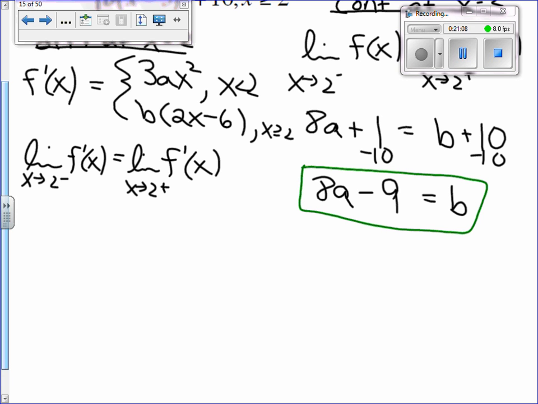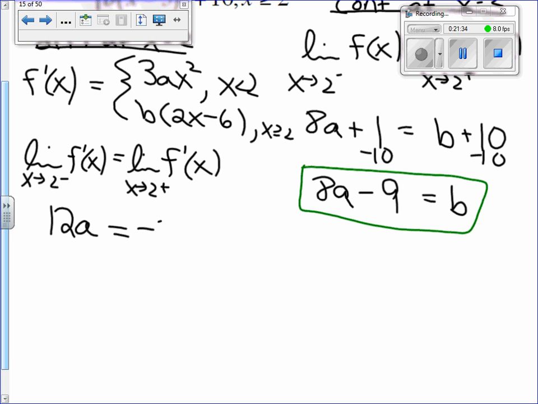You know I'm going to ask, what is the limit of f prime of x as x approaches 2 from the left? 3 times a times 2 squared, which would be what? 12a. 12a has to equal, what is the limit of f prime of x as x approaches 2 from the right? b times negative 2, or negative 2b?